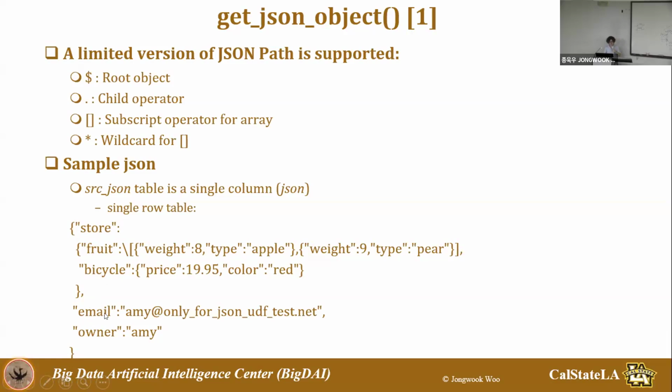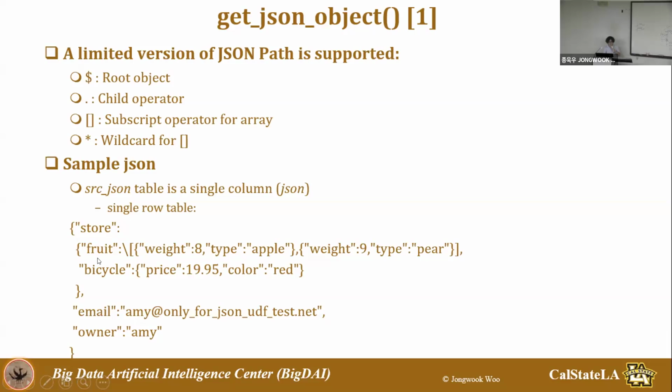Also, you have an email element and an owner element. And for email and owner, the value is very simple. The value is separated by a colon, and the owner name Amy is a string with double quotation marks. The email is within double quotation marks as well. And each element is separated by a comma.